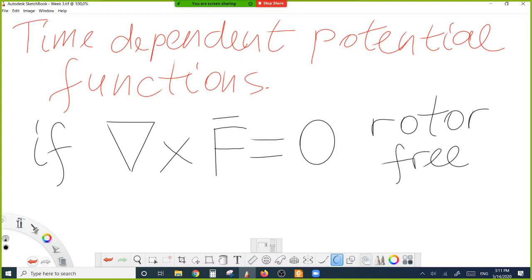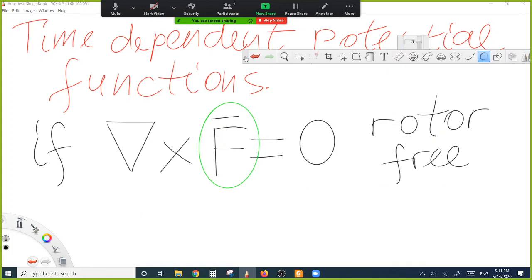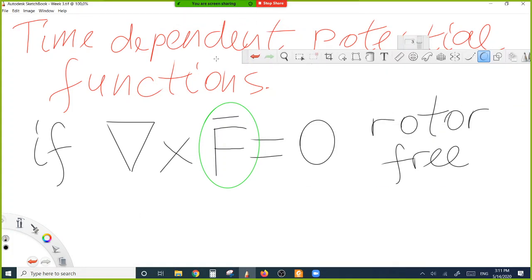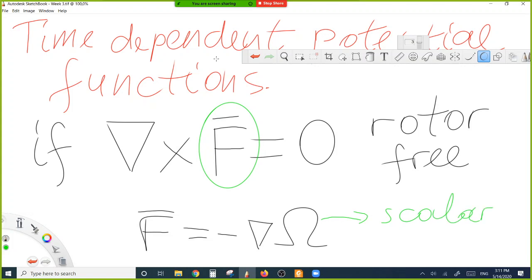For the vector field f, we can find a scalar function which describes our vector field fully, namely, we can describe f as a gradient of some scalar function. Here omega is a scalar function.